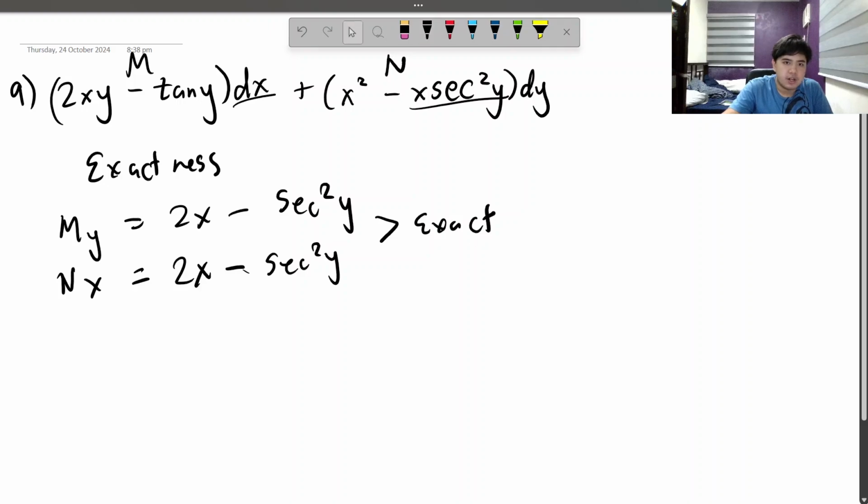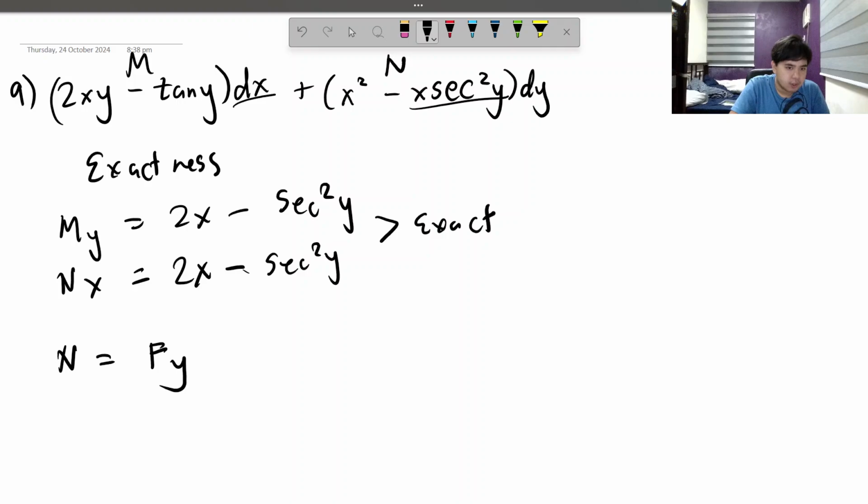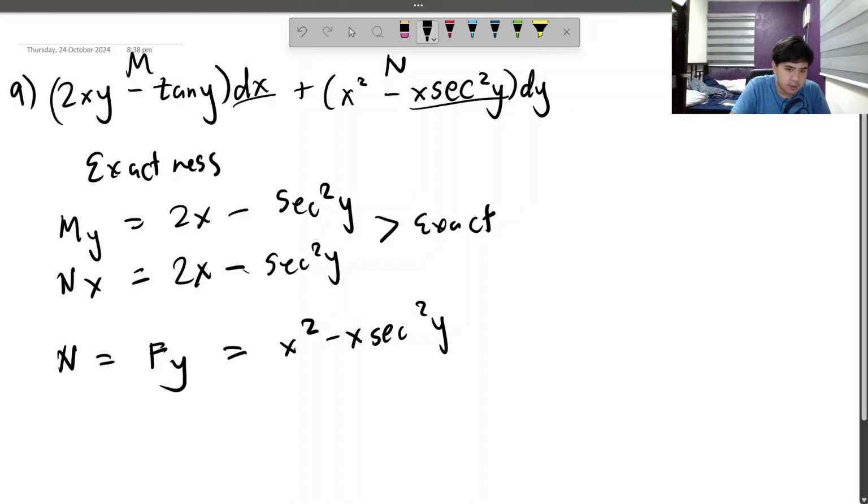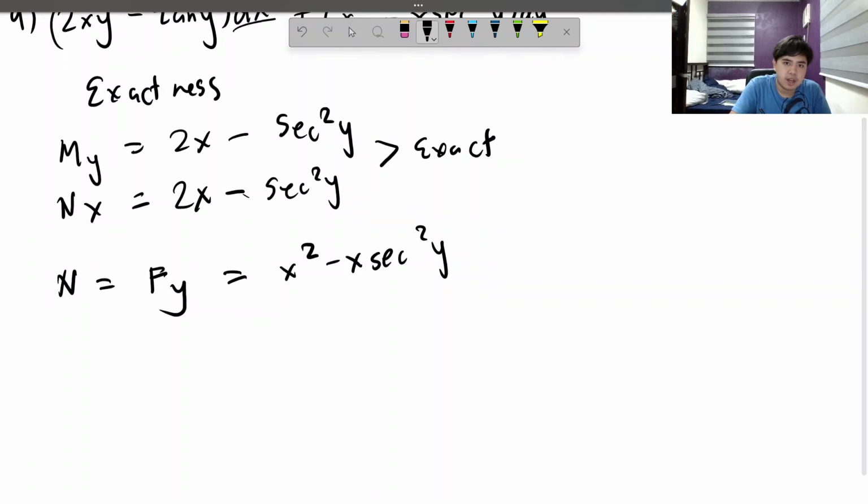So we can start with something that's less threatening. M or N, pick your poison. I'm going with N. And I know N is the partial derivative of f with respect to y. So this is x squared minus x secant squared y. Let's integrate both sides with respect to y.